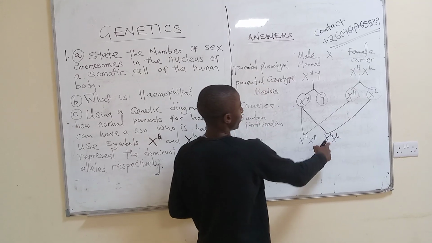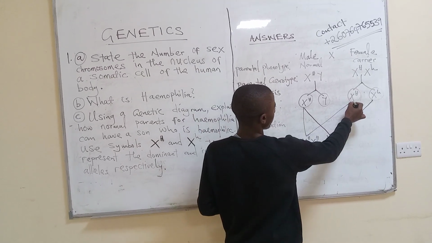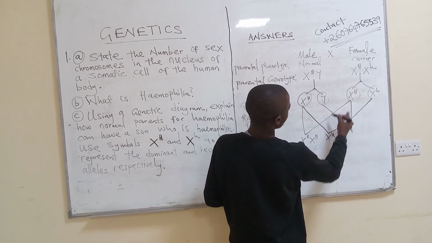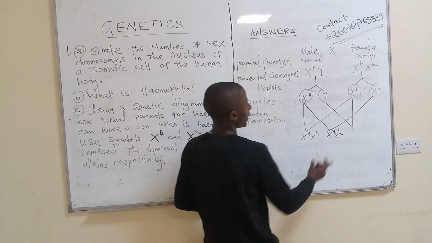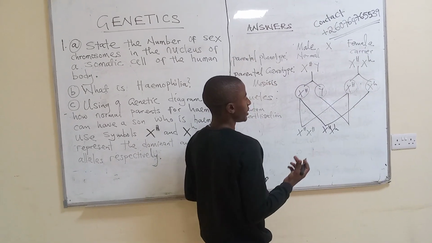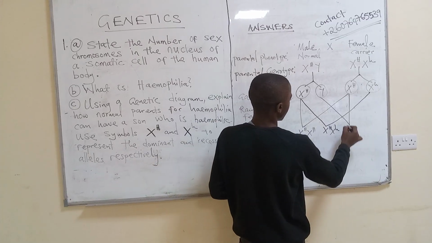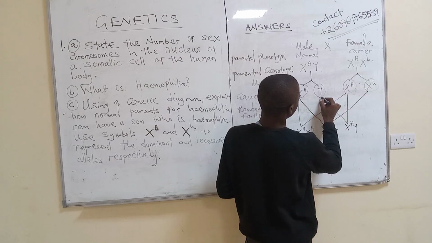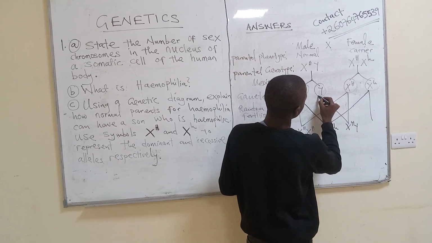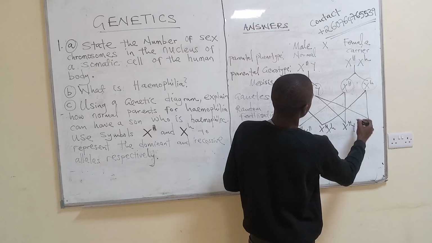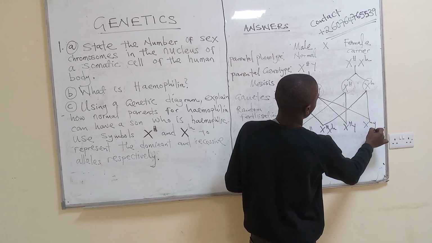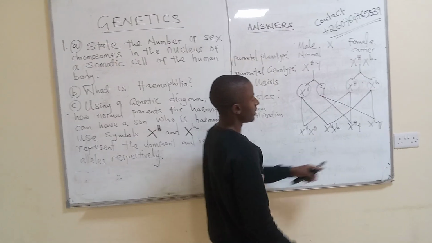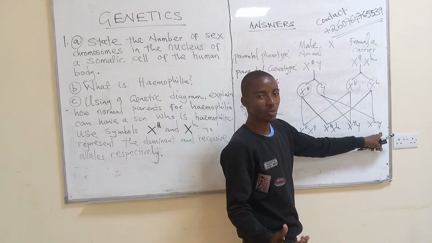So this is normal, but she is the carrier. From there, always make sure you put the dominant gene first. So that is X capital H Y, like that. And then you also have X small h Y, sorry, capital Y.